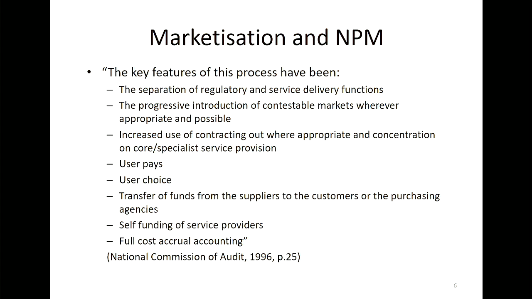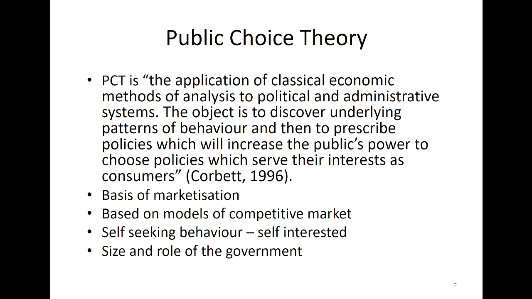In this way, it gives customers more choice for the services. There is also self-funding of service providers, so the service providers have to be self-funded, and full cost accrual accounting is used to facilitate this process as well. So these are some of the key aspects, and we will look at some of these in a minute.